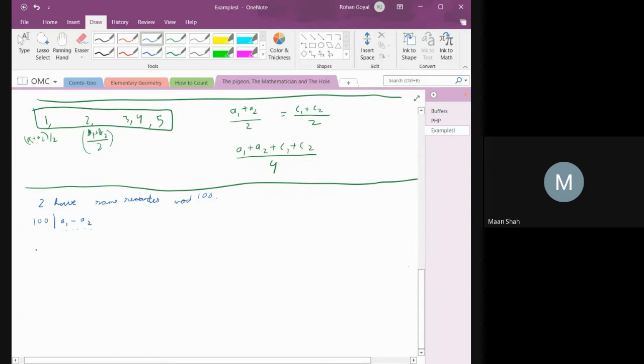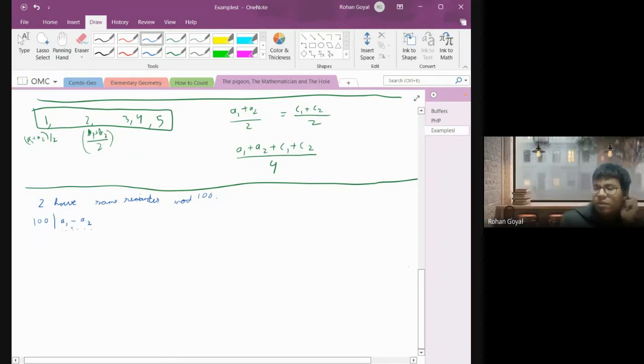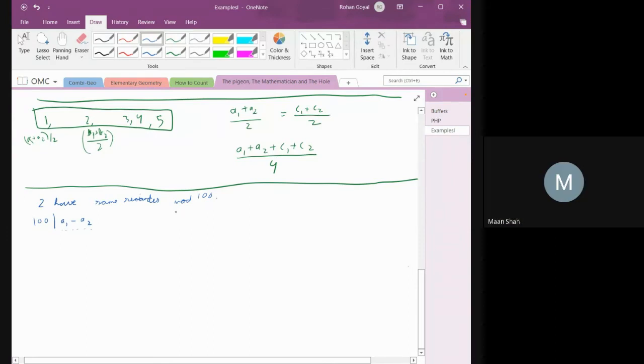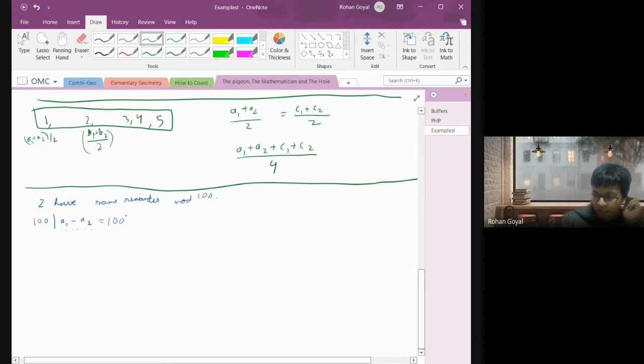Like I have picked 199 and 200. Not that, but I have chosen two numbers, like A1 and A2 belong to the set that we have picked. Yes. But A1 minus A2 does not need to. So 1 and 101. By subtracting them, it is divisible by 100. Yes, it must. So it has to be 100 only. Yes.